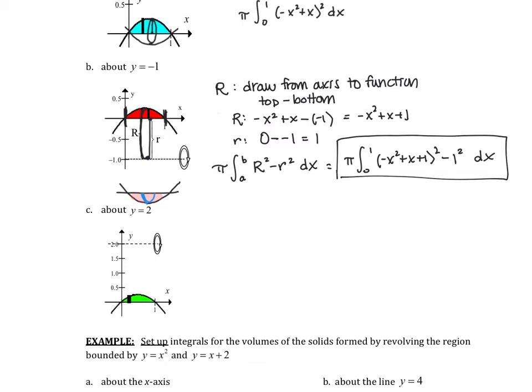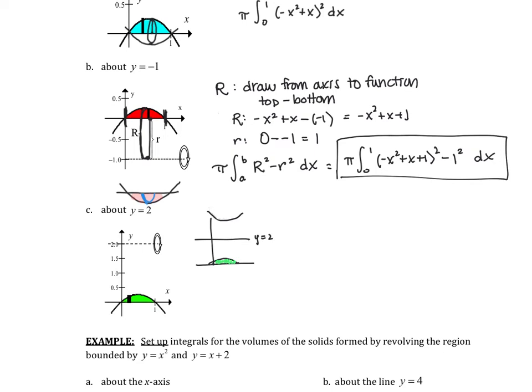Now, unfortunately, I didn't leave myself much room to draw this, or at least draw it to scale. If I were to draw this to scale, it might look like this, and I'm going to draw it over here for just a second, just so you can see it. So we had this piece that is right here. This is actually my axis, and this is in green, right? So this is this piece. And what would happen is, about the line y equals 2, I would evenly space out my other part of my function, so I might not have it quite so big.